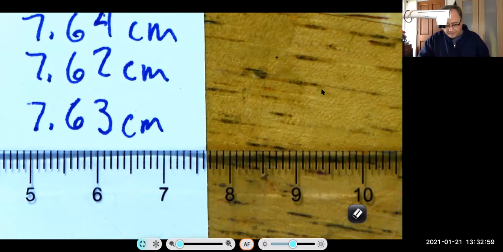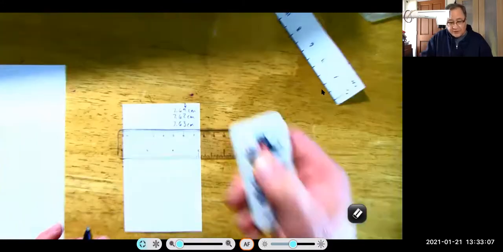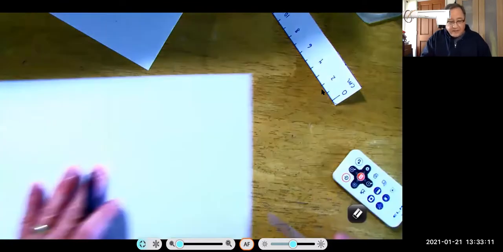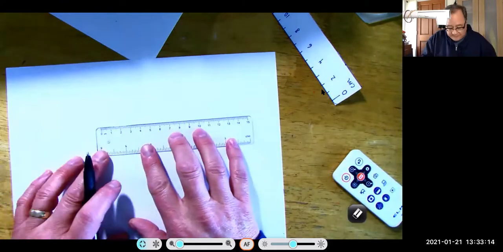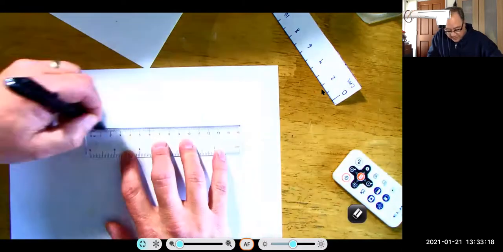Now, in the procedure, I'm going to zoom out now. In the procedure, it tells you to take your ruler and make a paper copy of it. So just take your ruler, put it on a piece of paper, trace it.